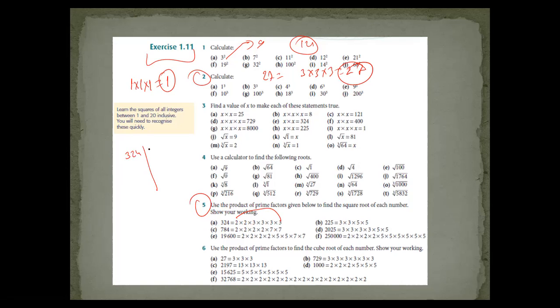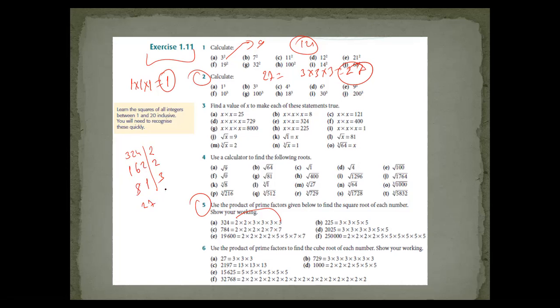324 divided by 2. Okay. Let's use our calculator. It is 162. 162 divided by 2 is 81. It is not divisible by 2, so it is divisible by 3.